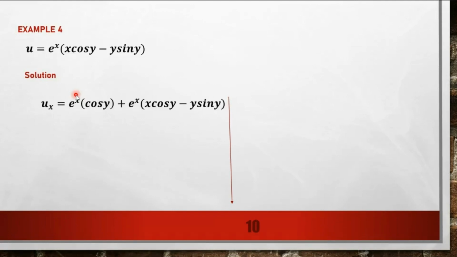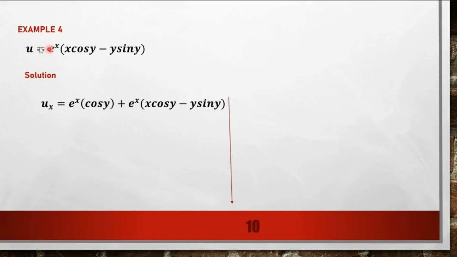तो मैंने क्या किया है? ux. तो ux में पहले क्या किया? u into, तो e raised to x into derivative of the bracket term with respect to x. तो y sin y पूरा 0 हो जाएगा. Cos y is the constant, derivative of x is 1. तो यहाँ पे बचेगा e raised to x into cos y. ठीक है?